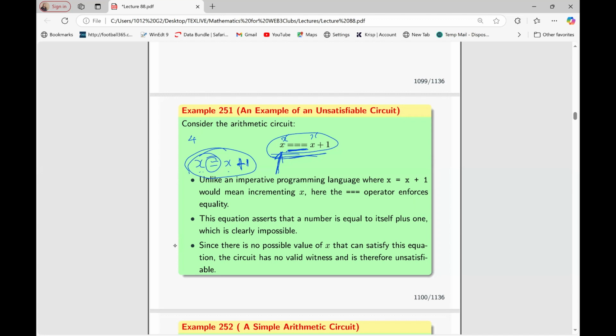You have an x, you put it here and you put it here, and it gives you whatever is on the right equals whatever is on the left. It's not possible to find such an x. But the point is, while writing our zero knowledge proofs, it is interpreted differently by the program.